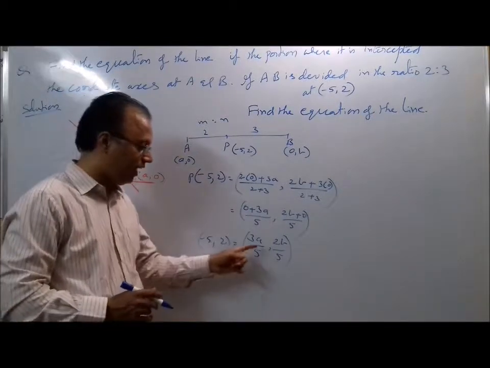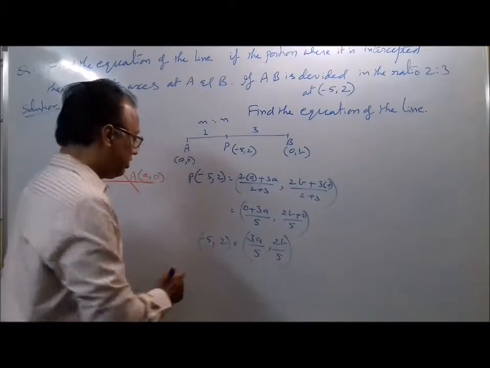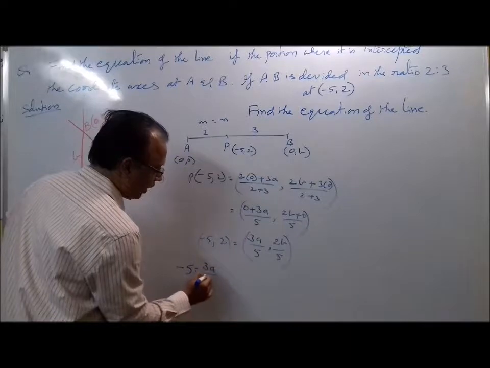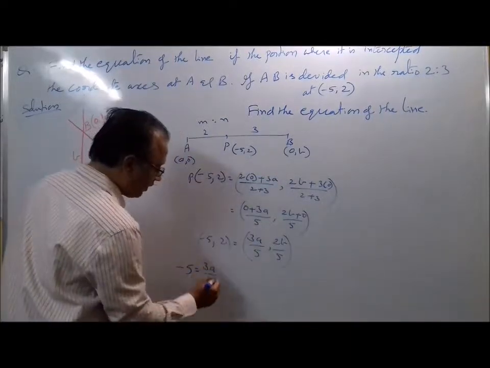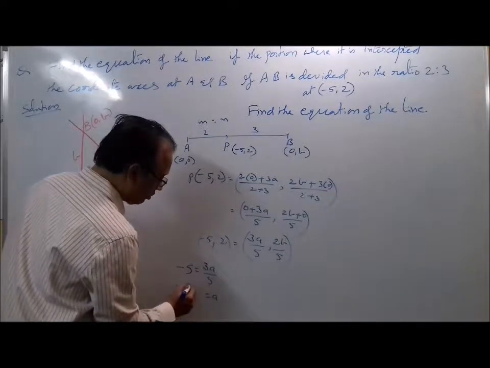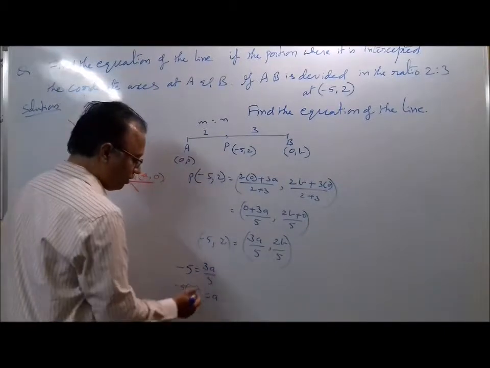Now, I find the a value and b value from this. So minus 5 is equal to 3a by 5, as x coordinate is equal to x coordinate. So what is a? 5 into minus 5 into 5 by 3, reverse, reciprocal.